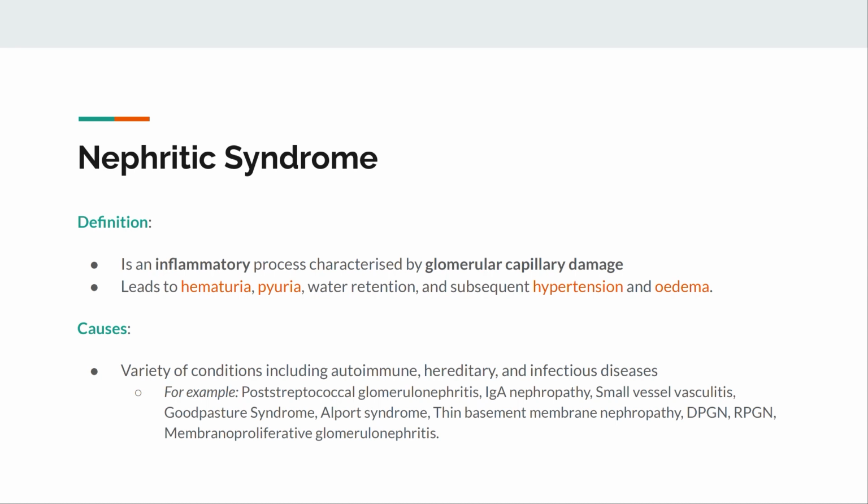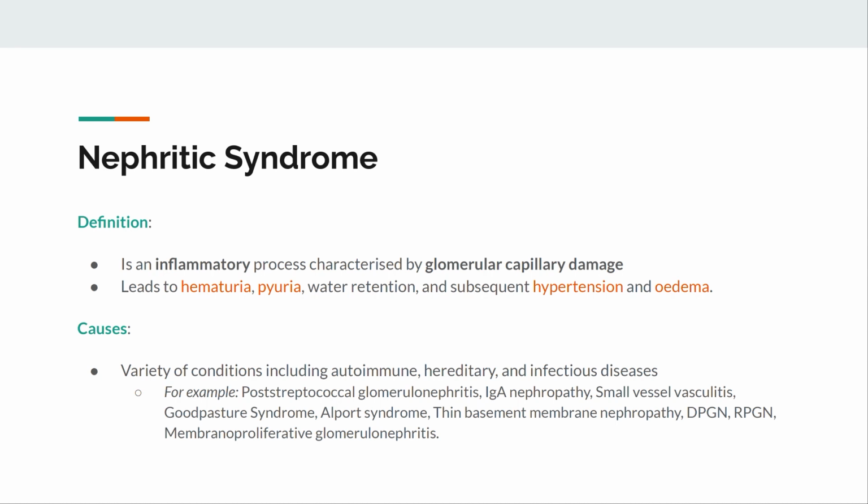That's the thing that makes you get hematuria and pyuria. There are loads and loads and loads of causes. One that you should know really well is post-streptococcal glomerulonephritis, and another one you should know well is IgA nephropathy. That's because IgA nephropathy is another name for a condition called Buerger's disease.